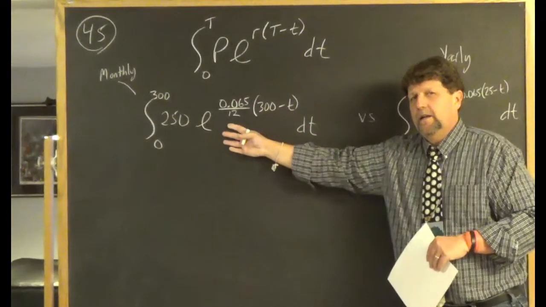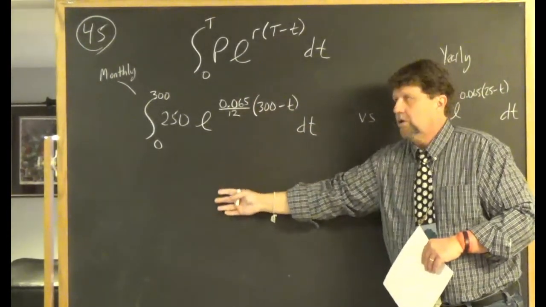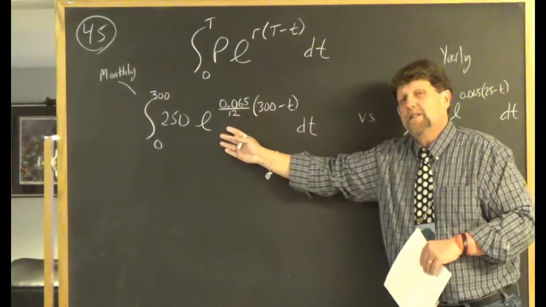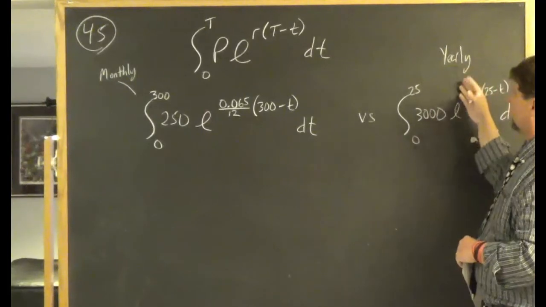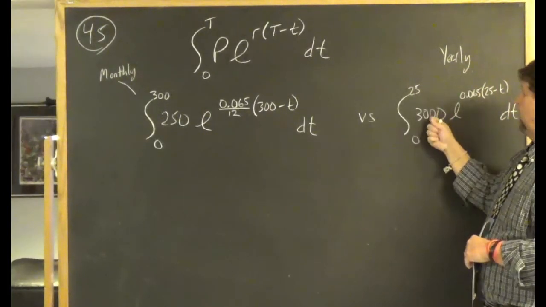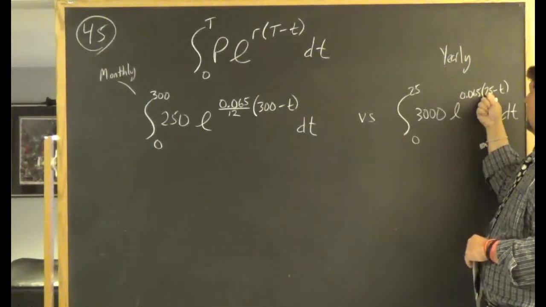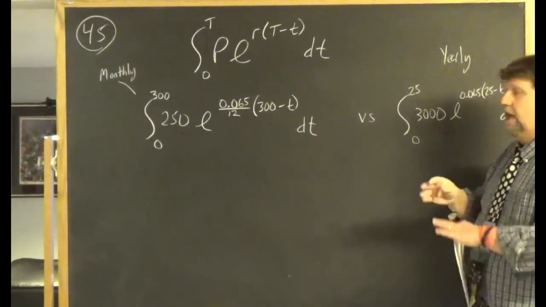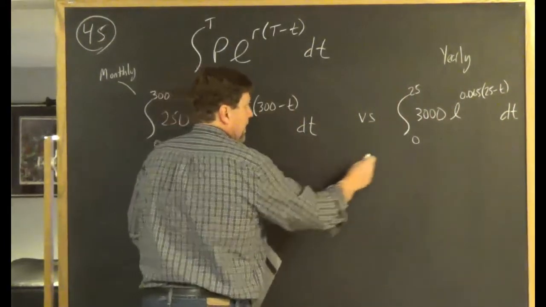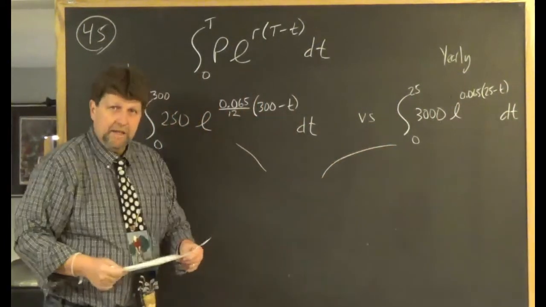This is the setup if you look at the P, uppercase T, and R as being increments of months. This is what it looks like when it's increments of years. Big T, P, R are in years. It doesn't matter which way you do the problem. Either way, you're going to get the same answer.